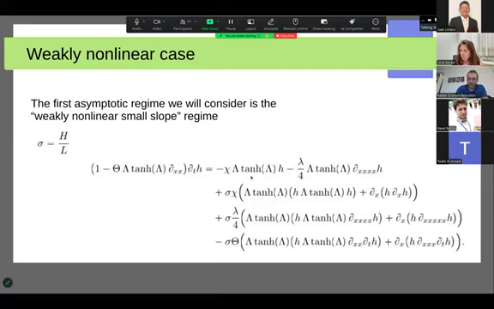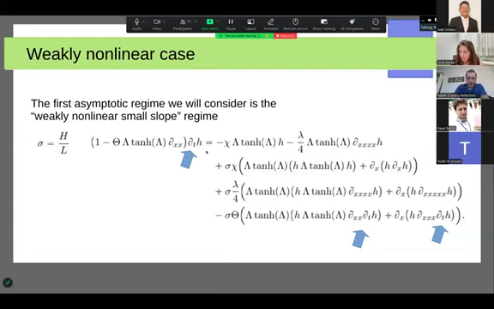Now, although this PDE seems kind of weird, let me try to explain every term by itself. It is a weird PDE in the sense that this is an evolutionary PDE for h, but the time derivative appears three times.